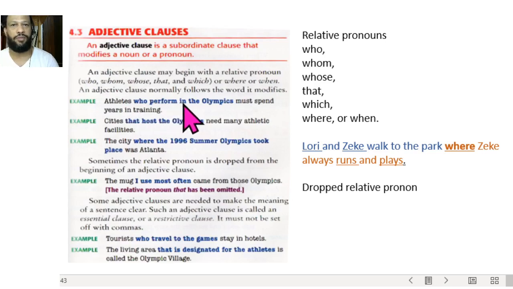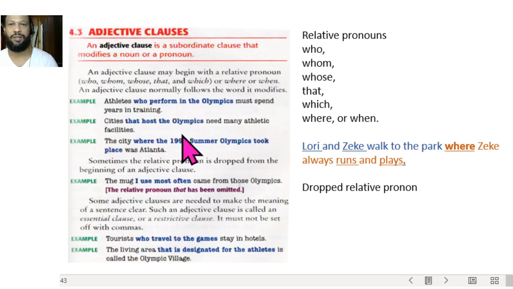Athletes who performed in the Olympics must spend years in training. This is one of the examples they provide in the book. Athletes is the noun, and the clause who perform in the Olympics is an adjective because they say what athletes we are talking about.